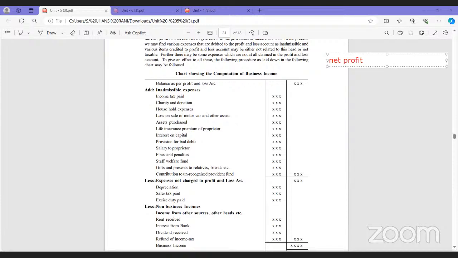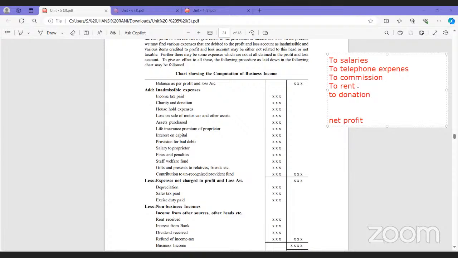See, actually, what I said, to attain this net profit, the business person has written all expenses like salaries, telephone expenses, commission, rent, donations, like this, so and so forth.